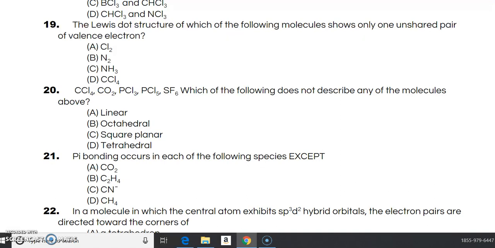Phosphorus trichloride is going to have a trigonal pyramidal shape, and that's not one of our choices. Okay, so that can't be it. Then phosphorus pentachloride, when you draw it, is going to be trigonal bipyramidal. Well, that's not one of our choices either. So sulfur hexafluoride is going to be our only choice. And it does not match up, and that matches up with octahedral. So square planar, there's no example of it. So C is our answer.